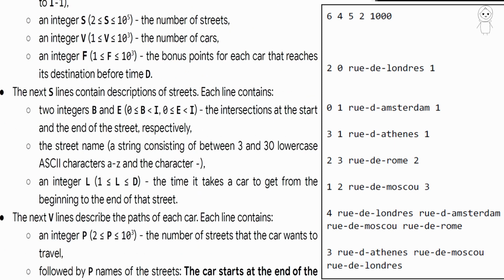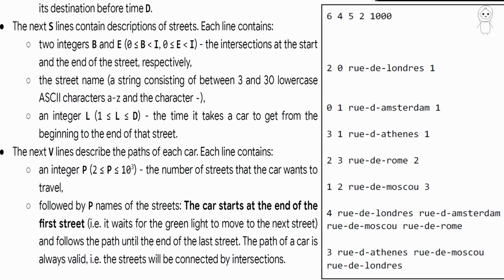This was line 1. The next number of lines contain descriptions of streets. Each line contains 3 things. 2 integers b and e. b is bigger than 0, less than I, e is the same.